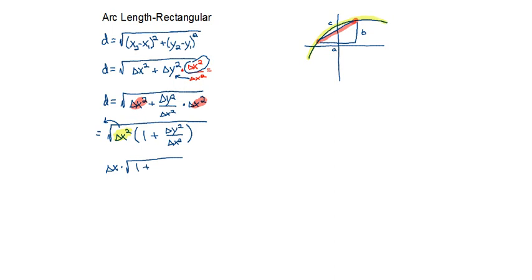But I'm hoping this looks familiar. Delta y over delta x is simply a derivative, and so I'm going to take the square and put it on the outside, and now I've just got delta y over delta x, which is a derivative. I'll write it as delta y over delta x for right now, and I'm going to write in the derivatives the next step.